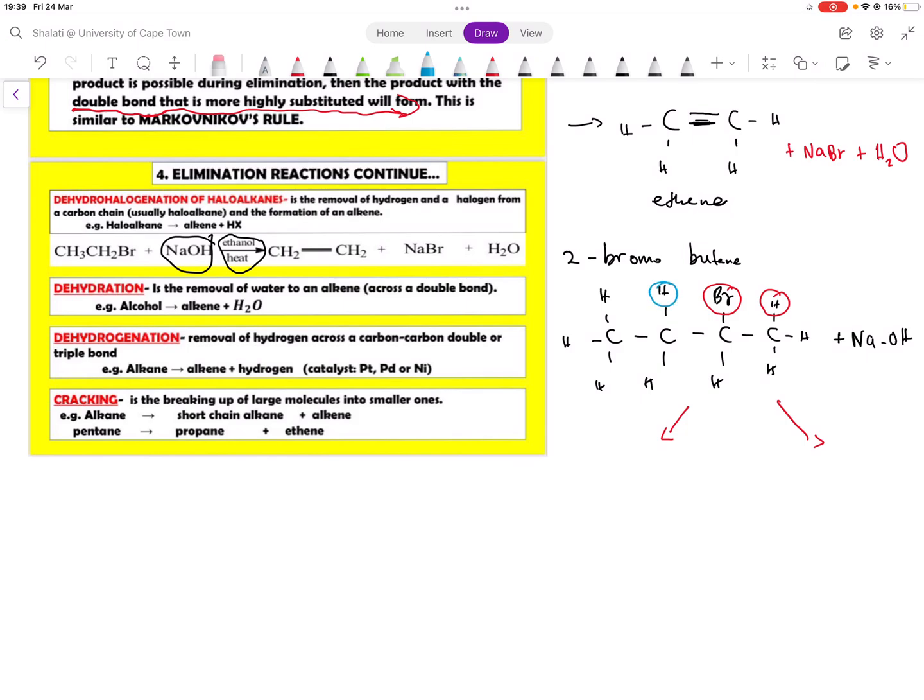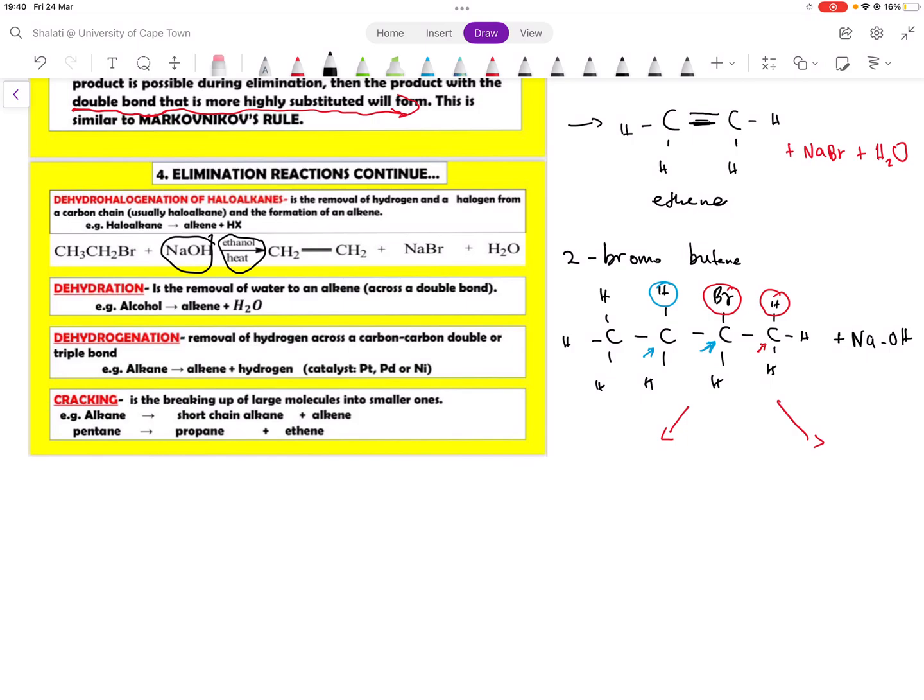We must remove the halogen from this carbon, then the hydrogen must come from the adjacent carbon, and we can take from either adjacent carbon. So there are two possibilities, and I'm going to show you how the rule works.